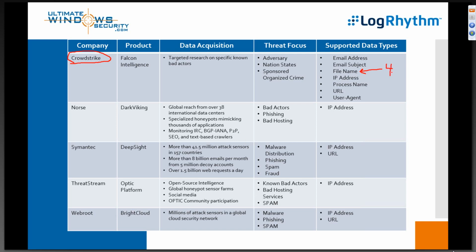Norse is new, and I really like their Dark Viking. I know them very personally. They're great. What they're doing though is something totally different than CrowdStrike or anybody else on here. They have monitoring of tons of honeypots throughout the world, as well as internet backbone points.